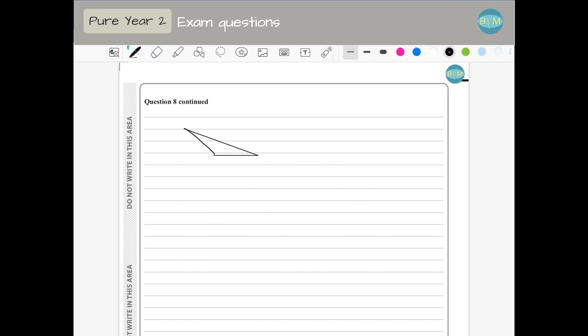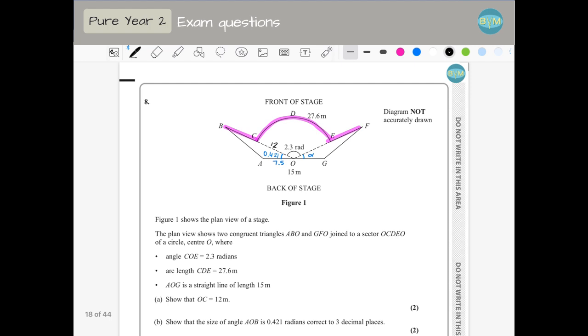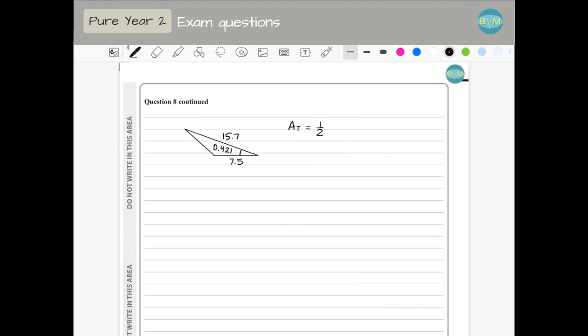So this triangle, we know that this length is 15.7, this angle was 0.421 radians, and this side here was 7.5. So the area of this triangle is going to be 1/2. The names, I'm going to write them, OAB, OB times OA times sine of the angle in between.